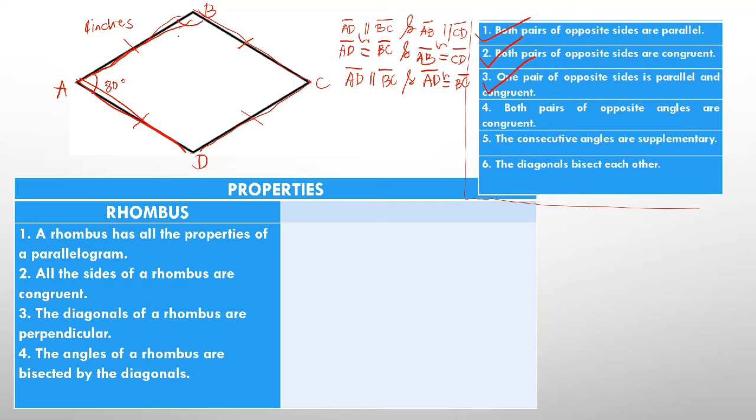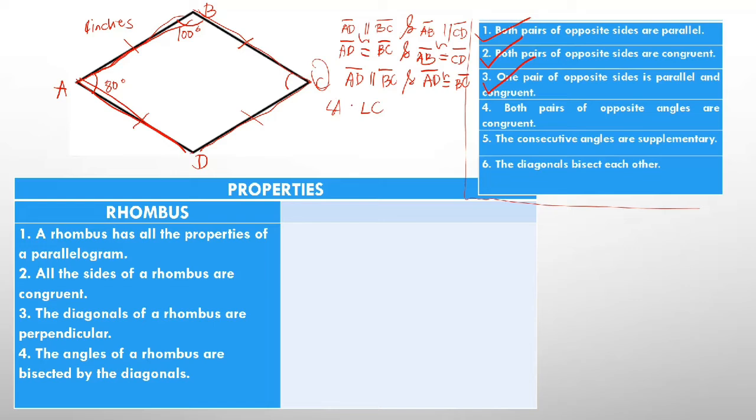Okay? Since our angle A is 80 degrees, the opposite angle of angle A is our angle C. Since the opposite angles are congruent, therefore, angle C is also 80 degrees. Okay? So, it means they are congruent.